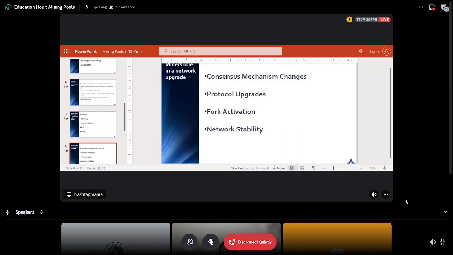And when we do a protocol update, it really comes down to the miners. A lot of people think that the forks are decided on Twitter. That's actually not true.